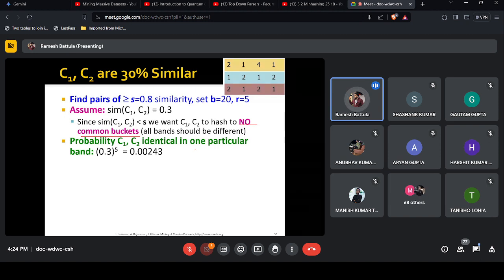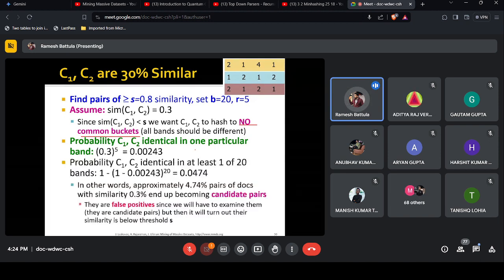The probability that C1, C2 are identical in one particular band is 0.3 to the power 5, which is equal to 0.00243. The probability of being identical in at least one of 20 bands, the total value, is 0.0474.